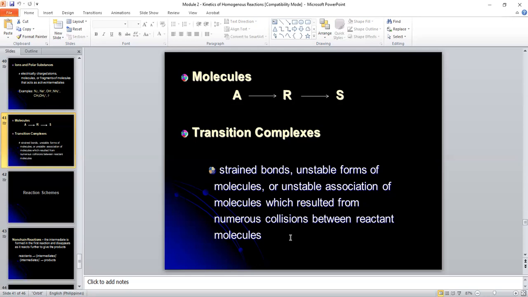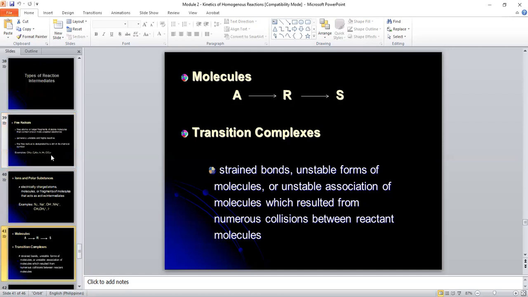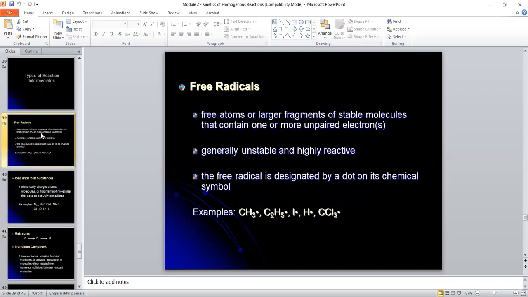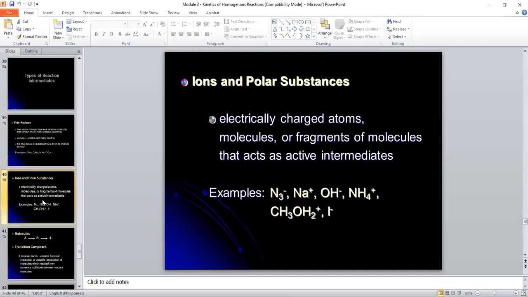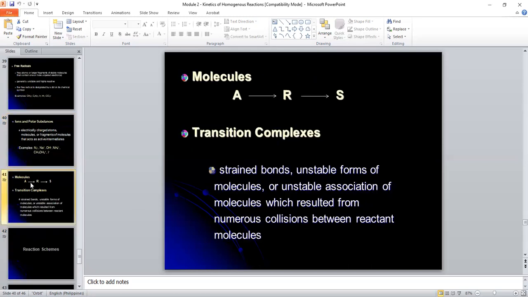After they are formed, they decompose further or react further to form another substance in the mechanism. That is why they are termed transition complexes. So we have four different reaction intermediates here. We have the free radicals, the ions and polar substances, and you can also have the molecules or the transition complexes.